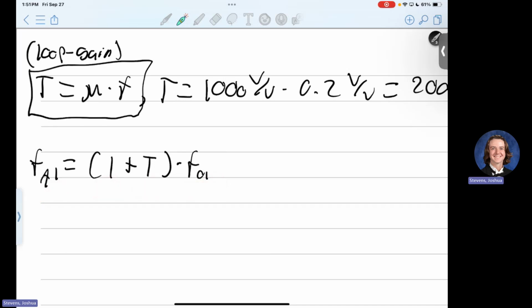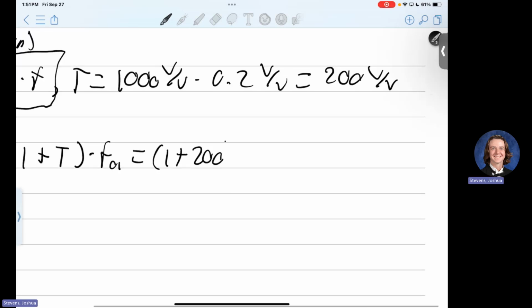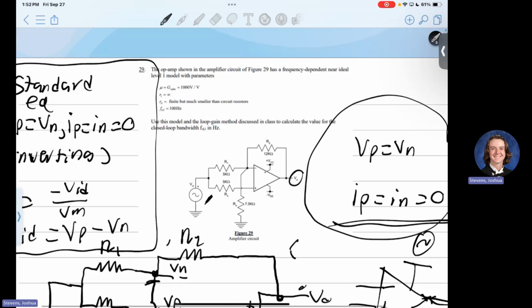How I found that, the literal solutions, I would not know that any other way. Same materials y'all got, I got, so same boat. So that is equal to 1 plus 200 volts per volt times the frequency, which was 100 hertz.